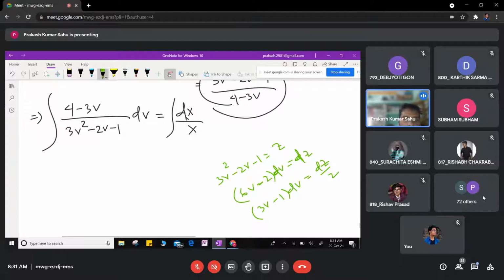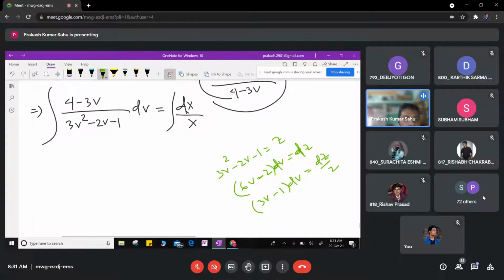Okay, but here you see this is a 4 minus 3v. Yes or no? So better you write this 3v minus 3v. Okay, यहाँ पे माइनस में ले जाऊंगा तो ये हो जाएगा, this is minus. Okay, so 3v minus 1. So here if you take minus, then this will be 3v minus 4.